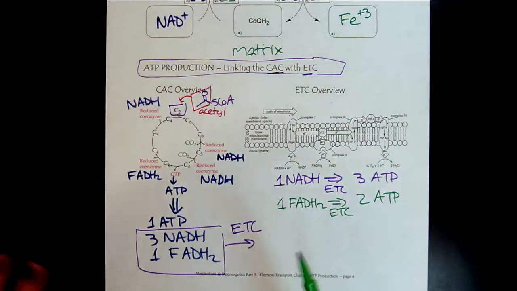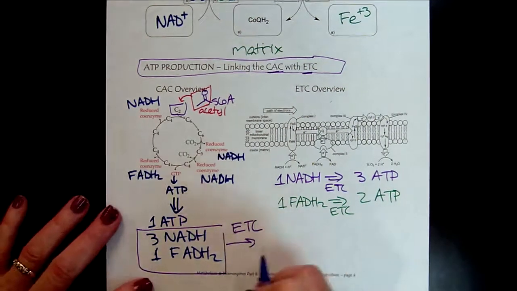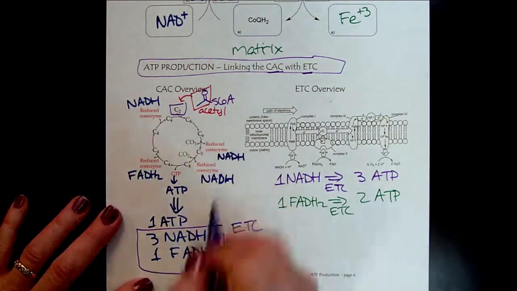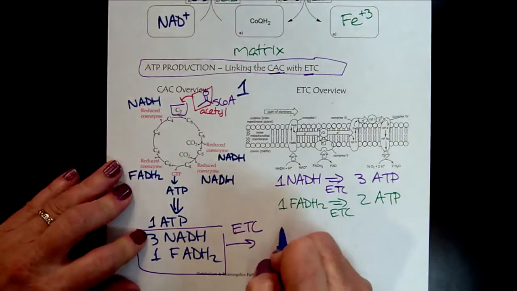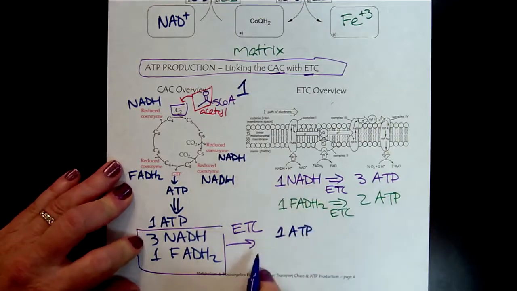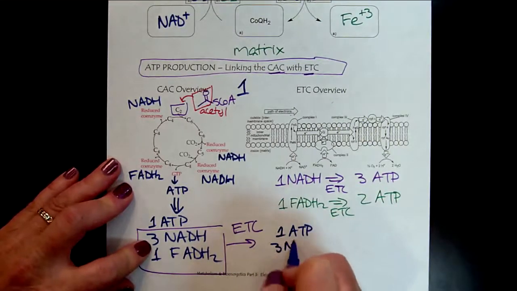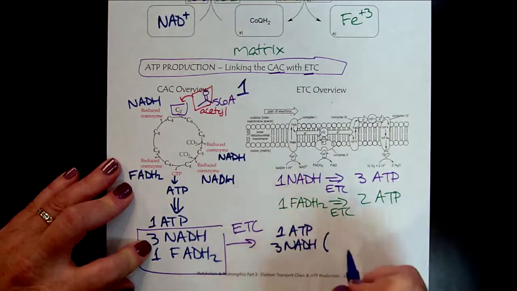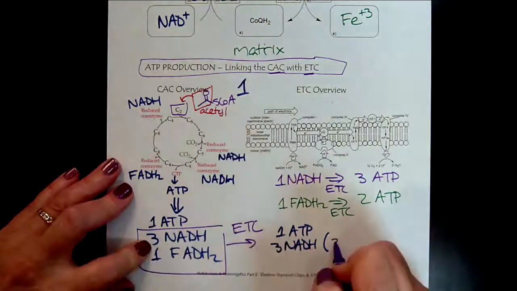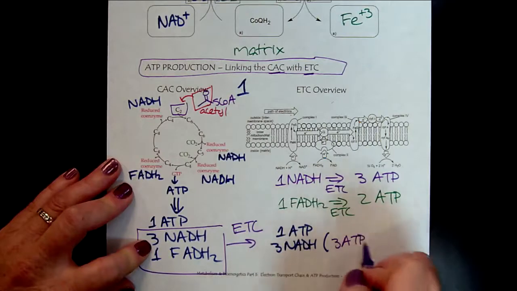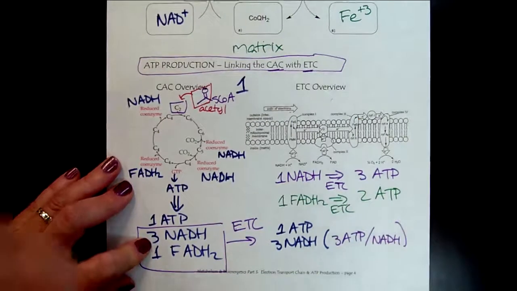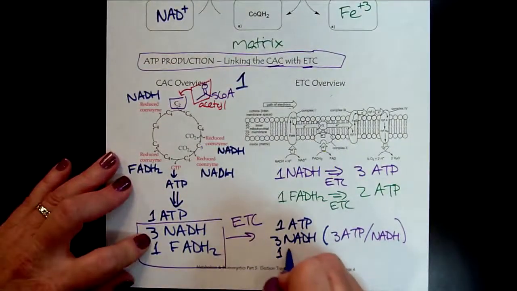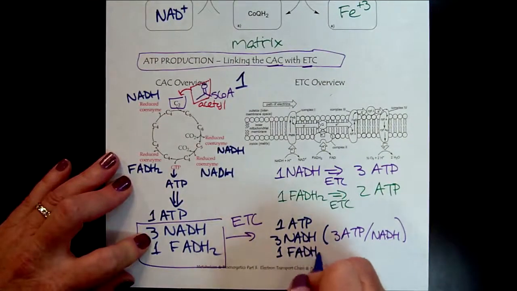Alrighty, so now we need to bring this information together, right? So overall, from that 1 acetyl-CoA that we started with up here, we get the 1 ATP, and then from the 3 NADHs, we're going to multiply those. We get 3 ATP each, per NADH. And then we got the 1 FADH2.